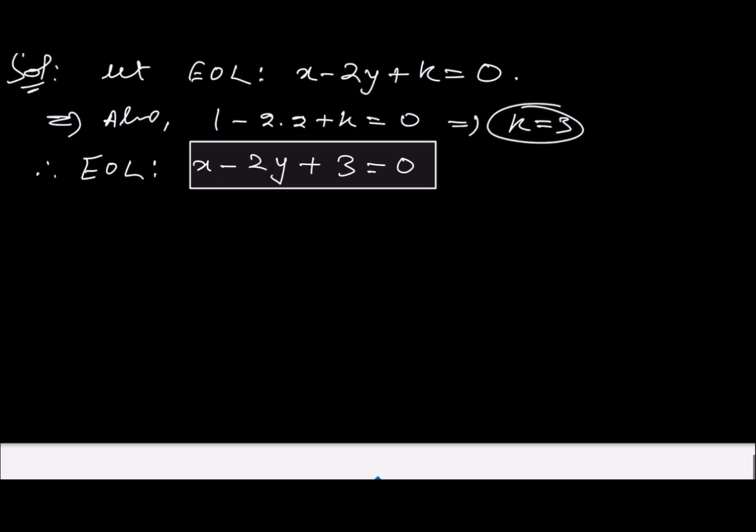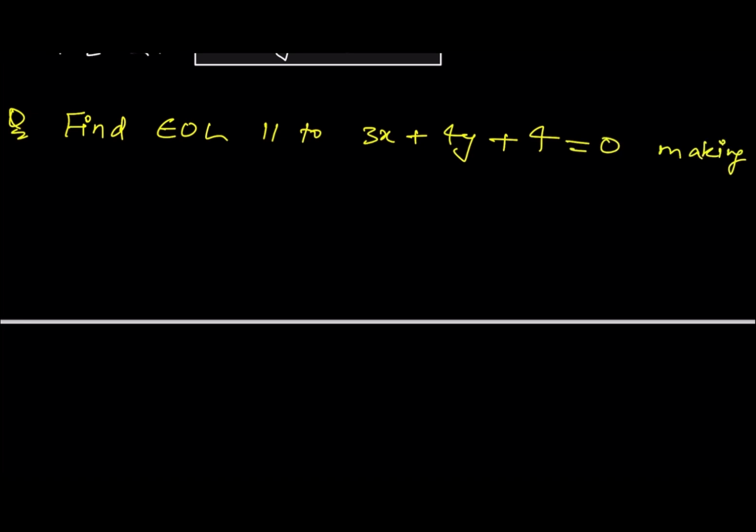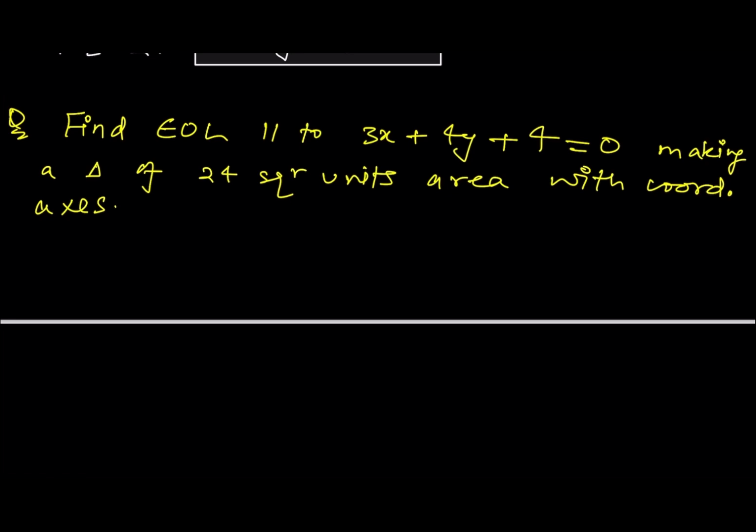Next question is: find the equation of a line parallel to 3x plus 4y plus 4 is equal to 0, making a triangle of 24 square units area with the coordinate axes. Right?